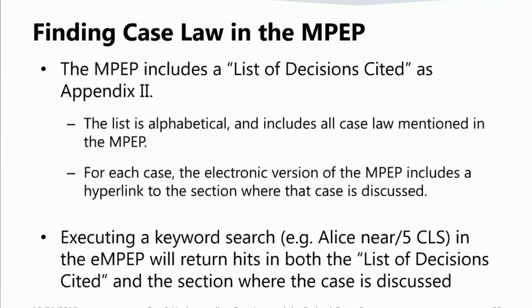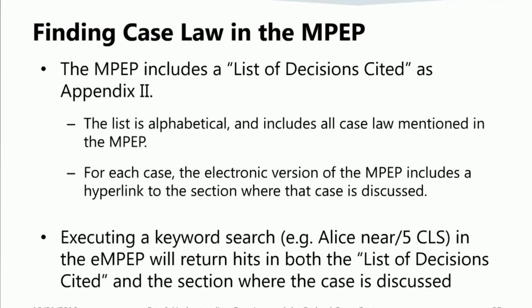Examiners can determine whether a particular piece of case law is discussed in the MPEP by consulting Appendix 2. Appendix 2 of the MPEP is called List of Decisions Cited and is an alphabetical listing of all cases mentioned in the MPEP.